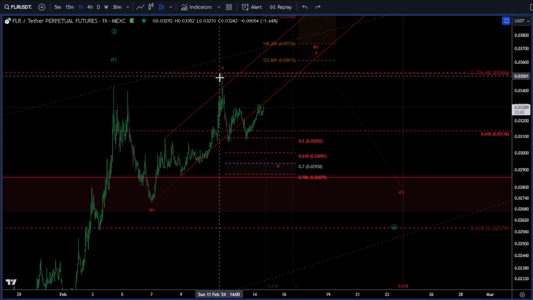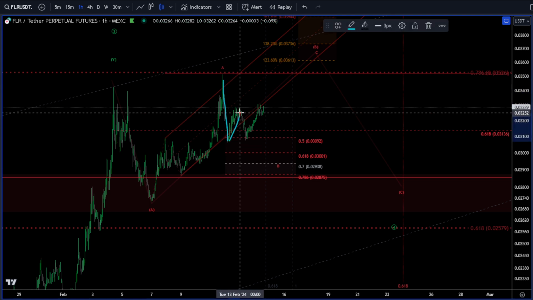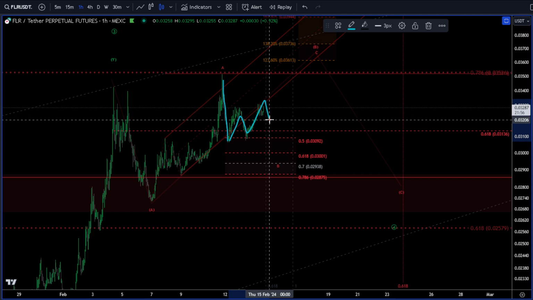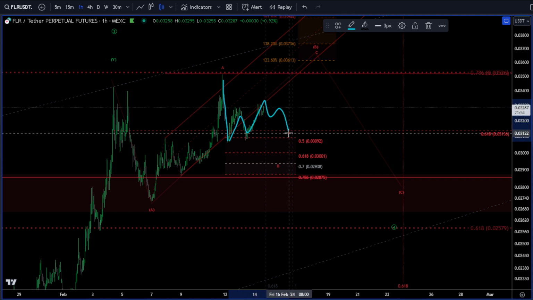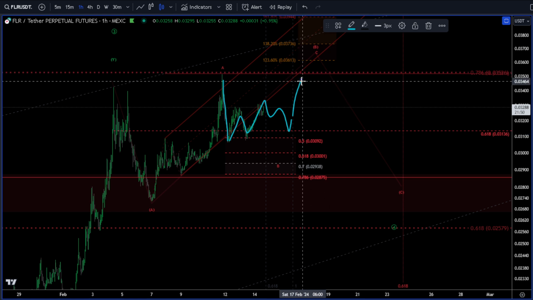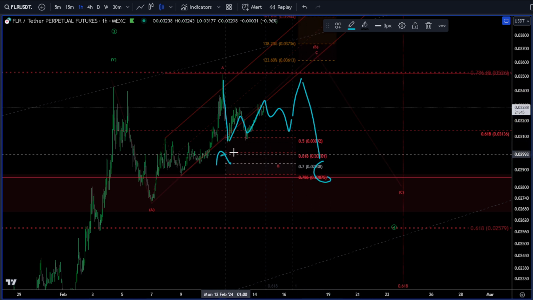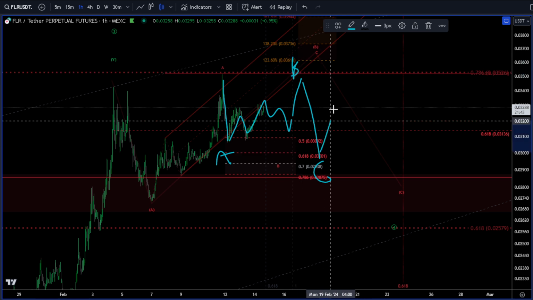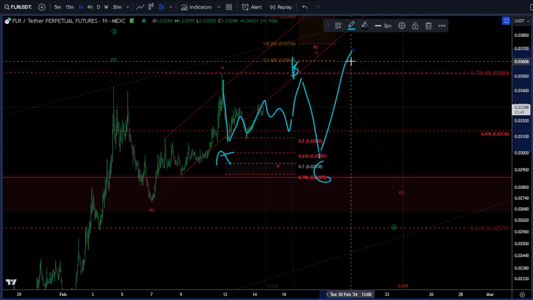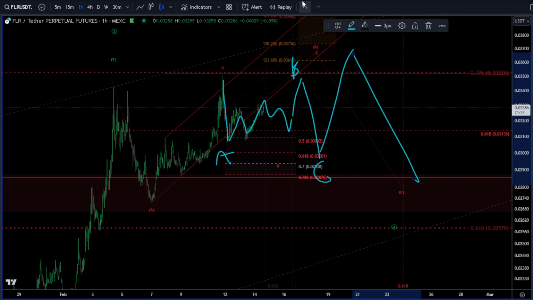And how we can come up higher from here is if this ends up being a 3-wave. This can all be an A wave. We get a nice little sideways correction, A, B, C, and that would be our entire B wave. We then come down for our actual C as an A, B, C, and then we spike up for our B, and then we come back for our C. I know it's very complicating.